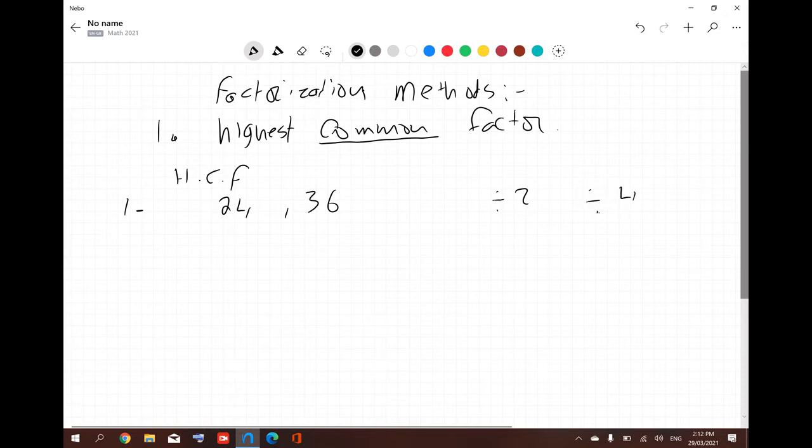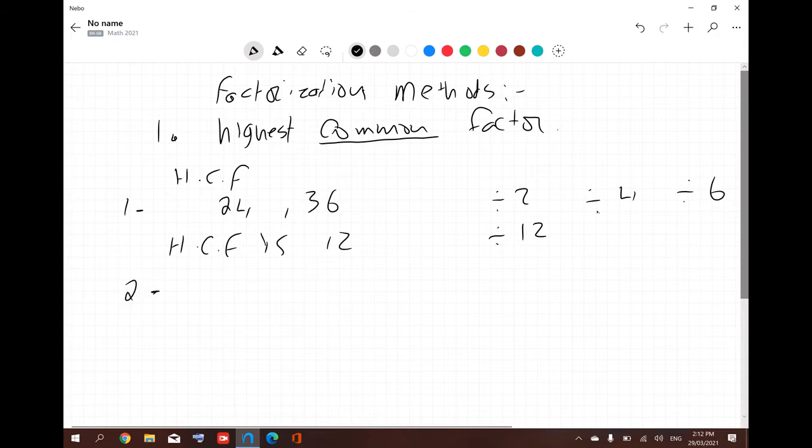Are both numbers divisible by 6? Yes, both numbers are divisible by 6, but the highest is 12. So the highest common factor in this case is 12. Both numbers can be divided by 12.